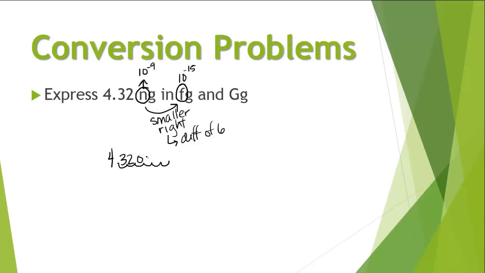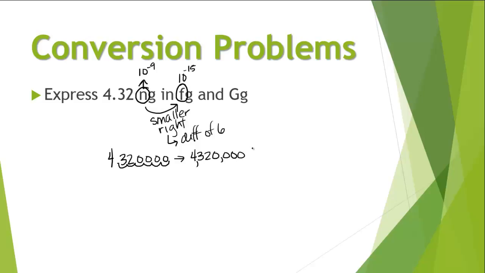Again, filling in these humps with zeros so that my number becomes 4,320,000 after I put in my commas.